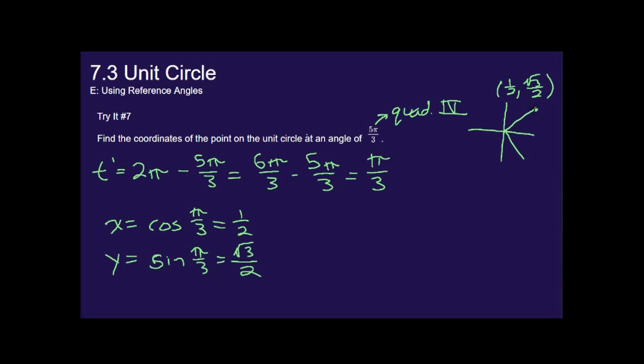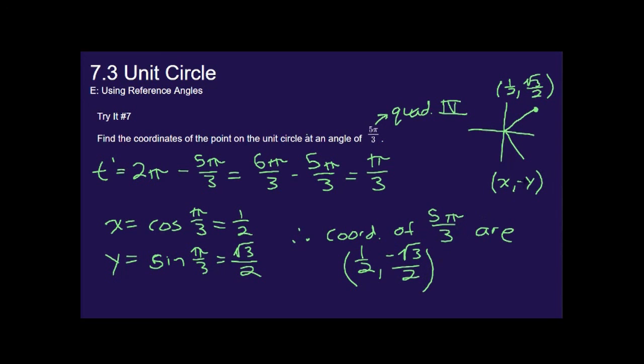Then, because we're working in the fourth quadrant, we're going to have a positive x and a negative y. So the coordinates of 5 pi over 3 are positive x, which is 1/2, and negative y, which is negative square root of 3 over 2. Those are the coordinates for that point.